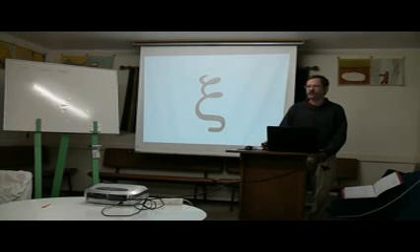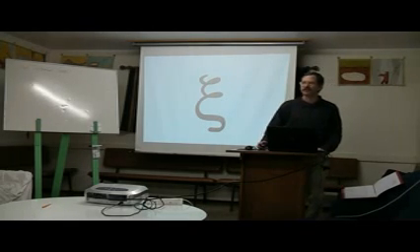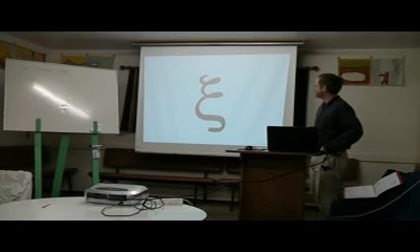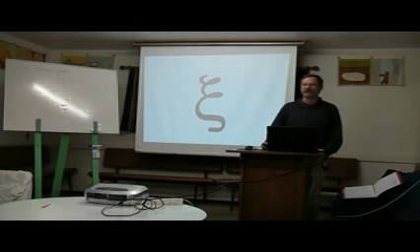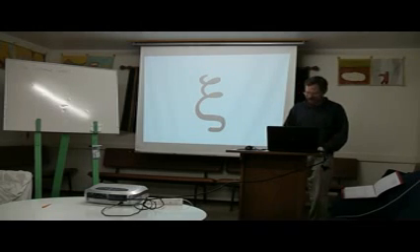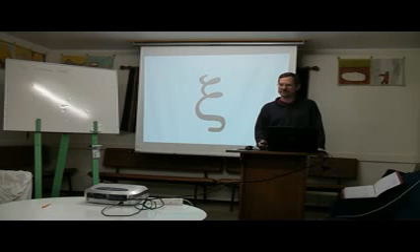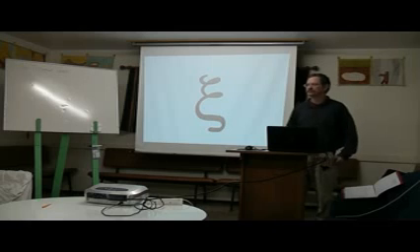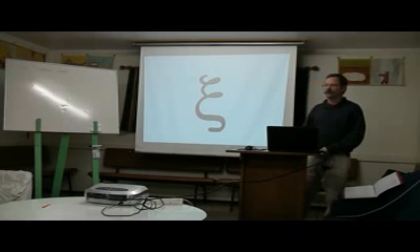So if it helps you to think of the xi as being the two-hump camel and the zeta the one-hump dromedary, maybe that'll help. But that's what a xi looks like. It's kind of a loop, and an S. Something like that.